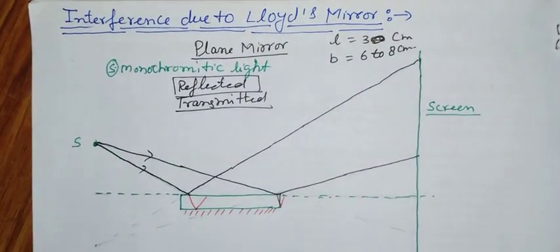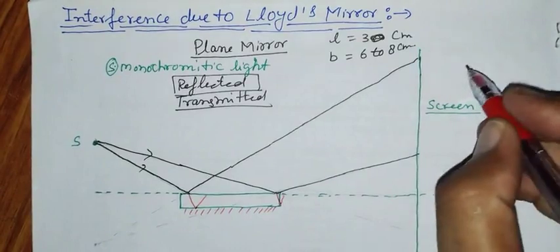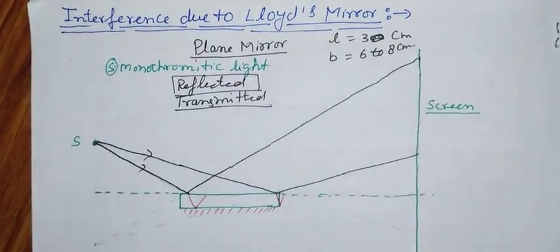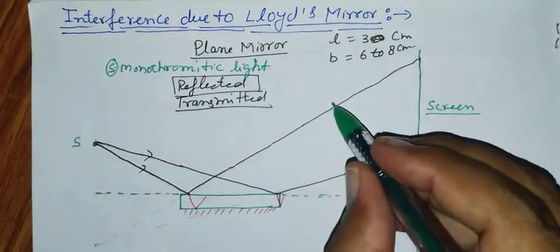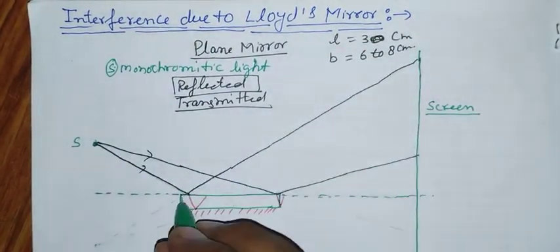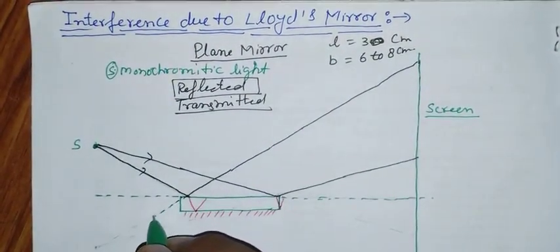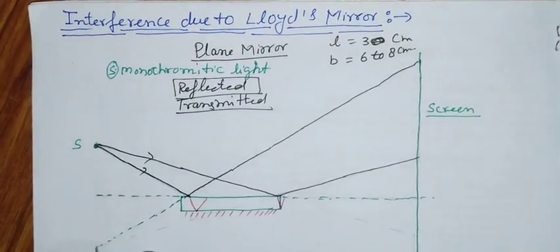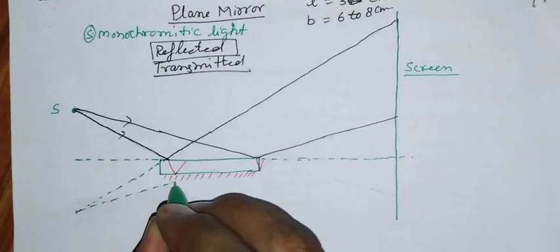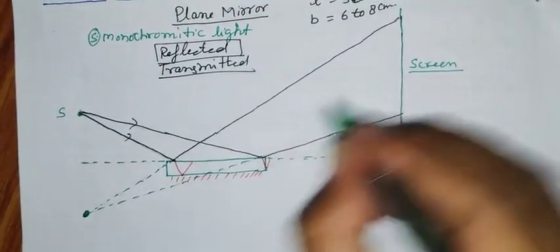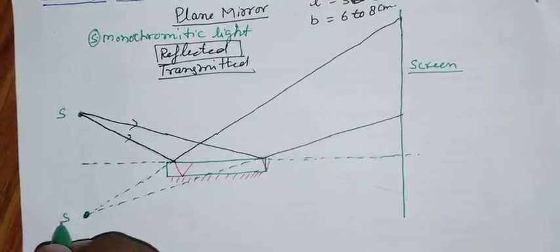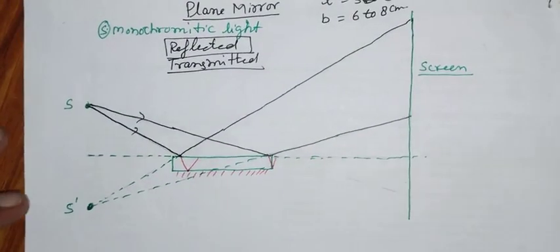So when viewed through the combined surface, the reflected ray of light moves back and seems to come from a common point S dash.